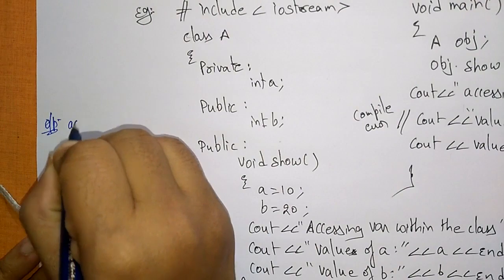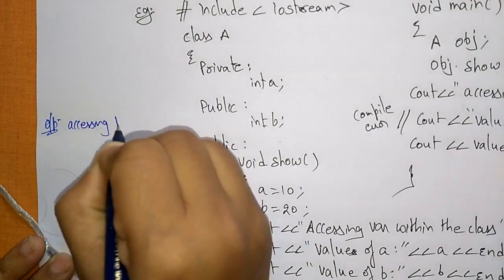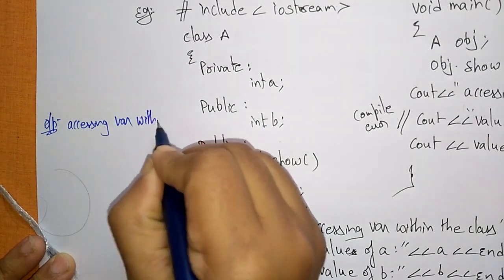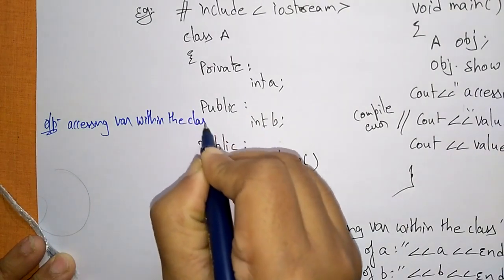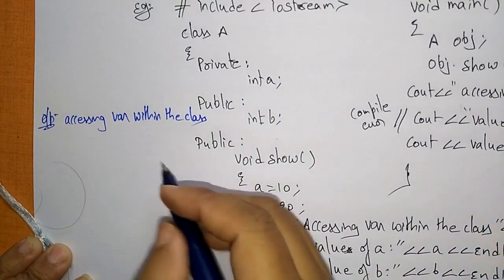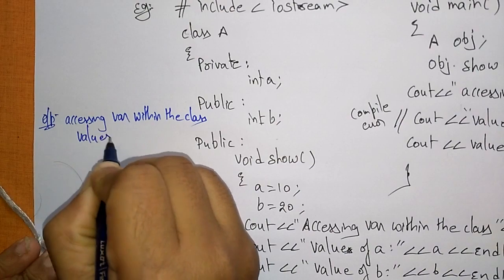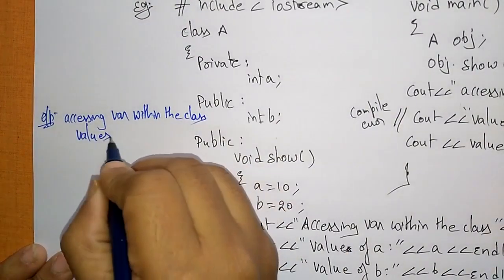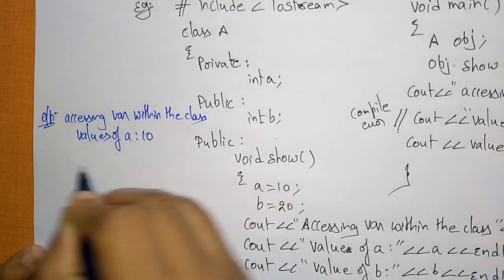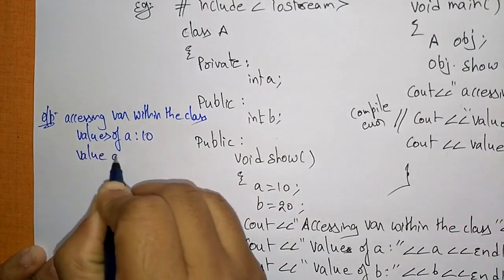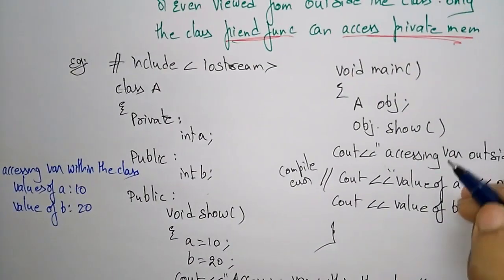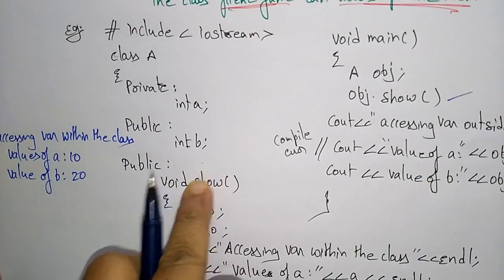The output is accessing variables within the class. First it will be printed within the class. The value of A is 10 will be printed and the value of B is 20 is printed. So this function is read.